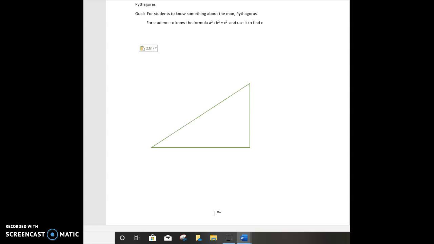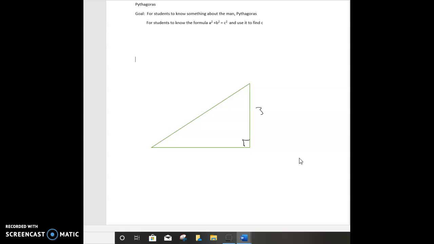And if I was doing this with students, I would probably have that already prepared. And then I would say to them, right, well, the goal of today is that students will know something about the man Pythagoras, and that students will know the formula a squared plus b squared equals c squared and use it to find c. Then I would ask them to use their ruler and a pencil and to draw up this triangle here, making sure that the lines are very straight and using the lines that are on their squared paper.